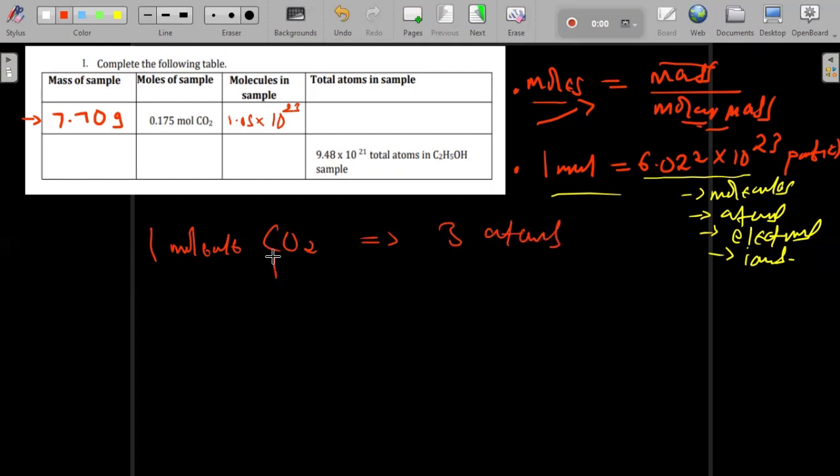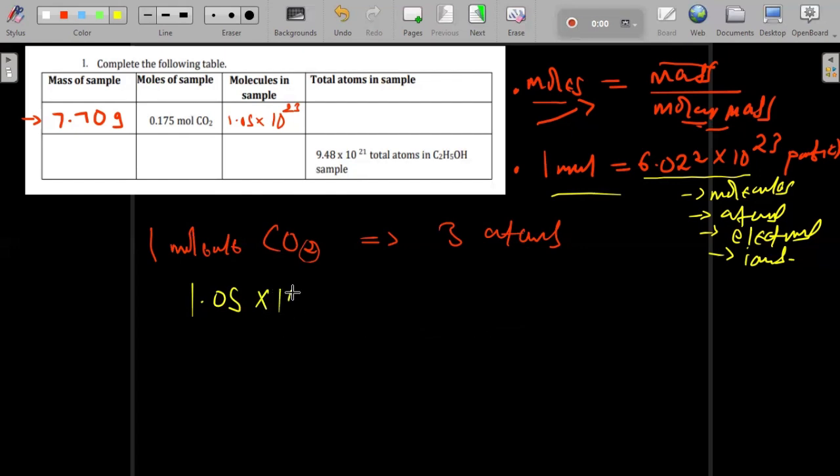We see that we have one carbon there, which is one atom, and then we are having 2 oxygens here because this oxygen has got 2. So these are 2 oxygens. So we have 1 carbon plus 2 oxygens. So 1 plus 2 gives us what? 3 total atoms.